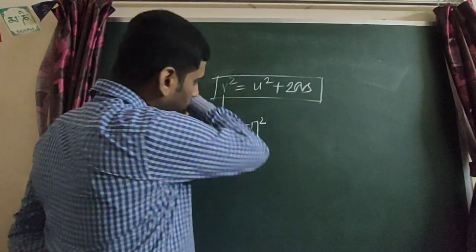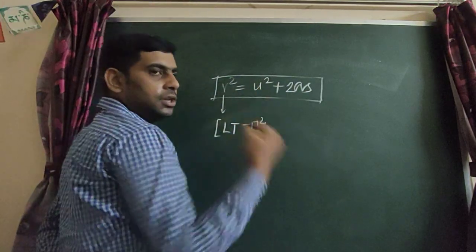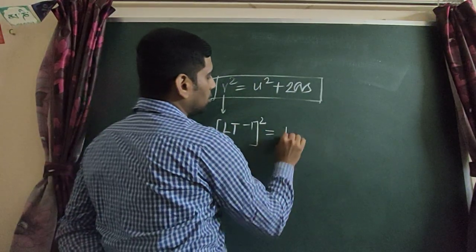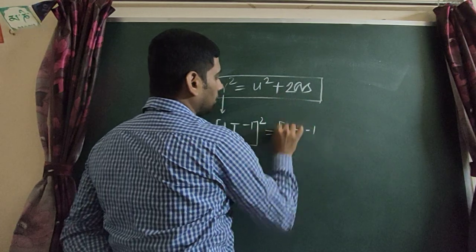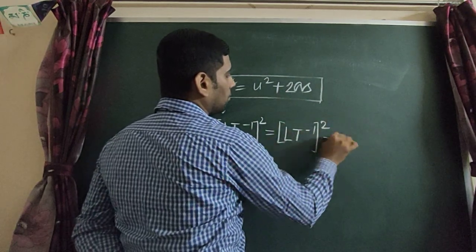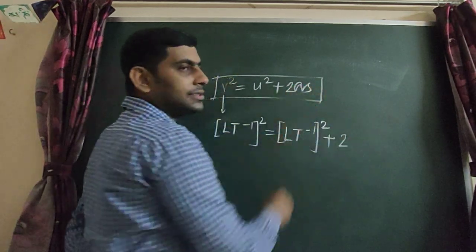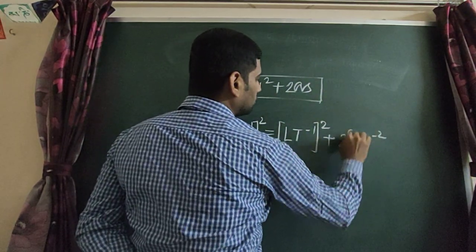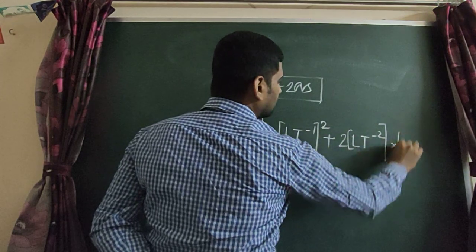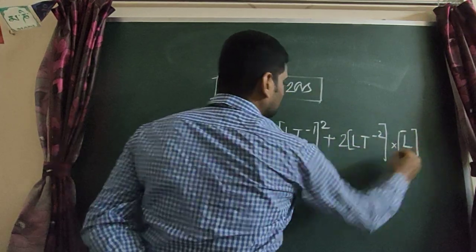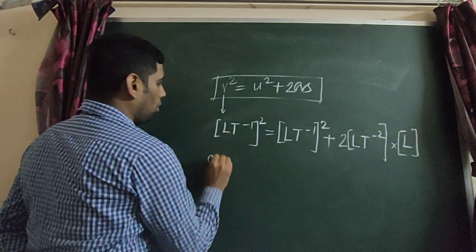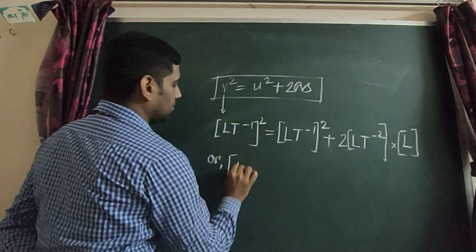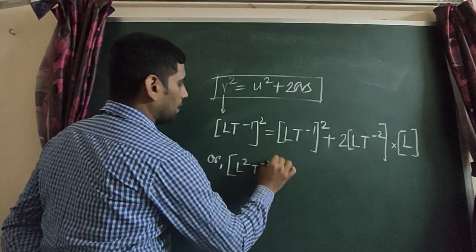Square is there, so I put the square term. U is also initial velocity, so same dimension, L T to the power minus 1, plus 2. A means acceleration, that is L T to the power minus 2, into S means distance, that is L. So the left hand side comes as L square T to the power minus 2.